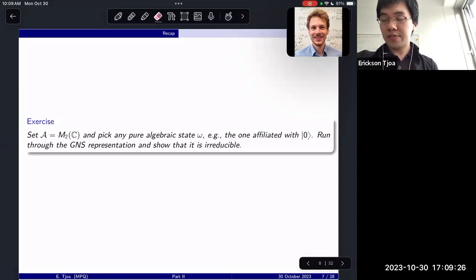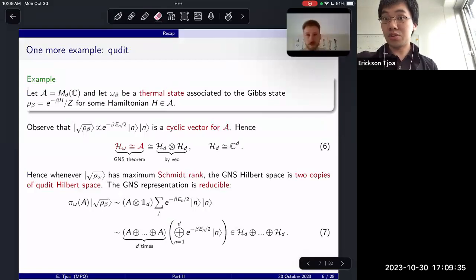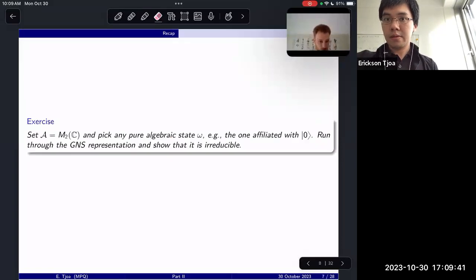Convince yourself that because it is not max rank, your Hilbert space will not actually be a double copy. It's actually a single copy, and that's because you have to quotient the zero norm states in the GNS representation. Okay, so please try this by hand.